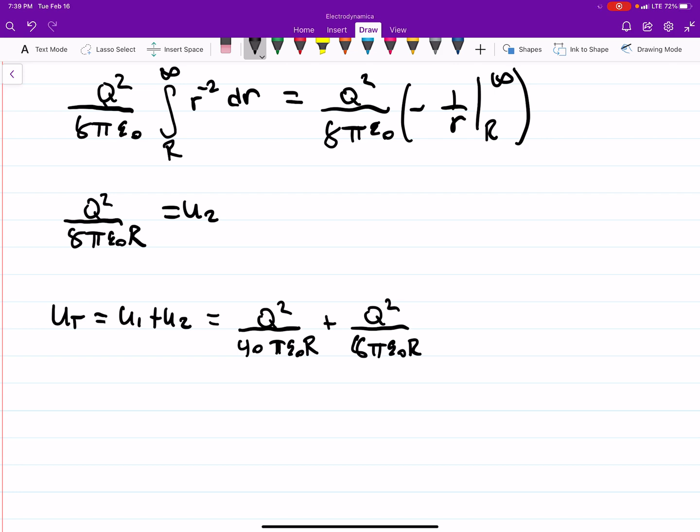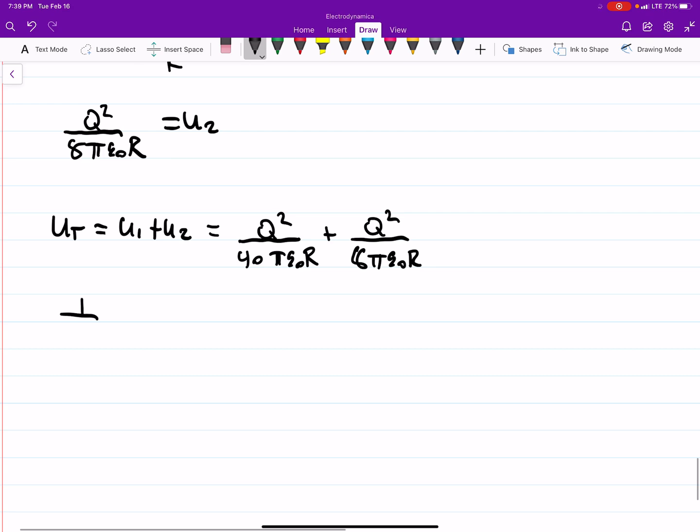So let's see, basically what we're doing is 1/40th plus 1/8. So multiply it by 5, right? 8 times 5 is 40, I think. So this is 1 over 40 plus 5 over 40.